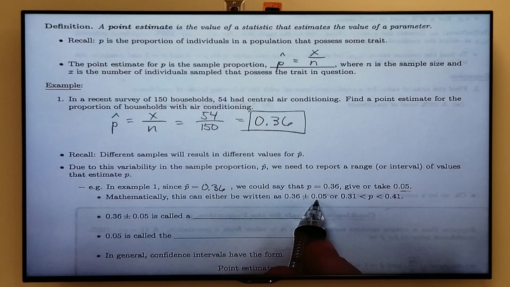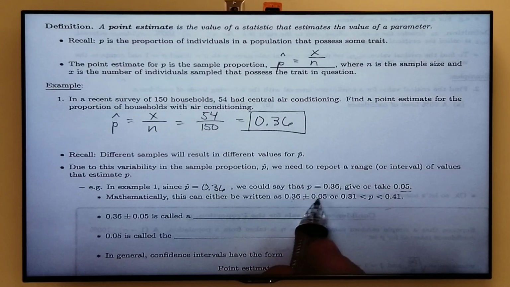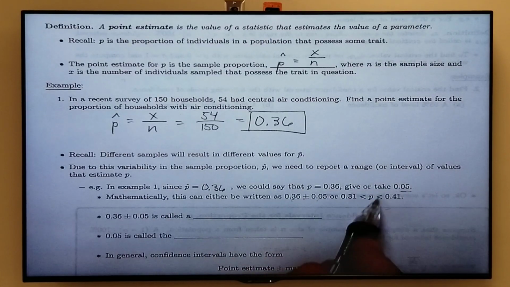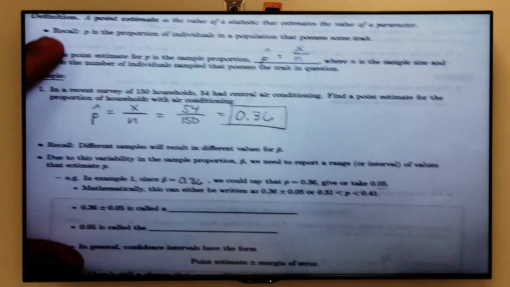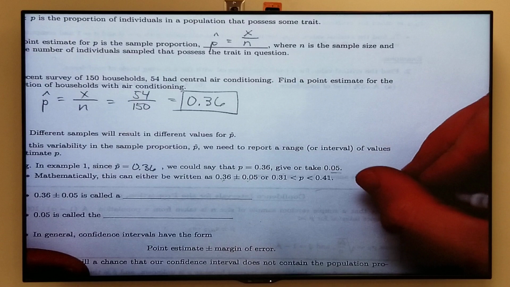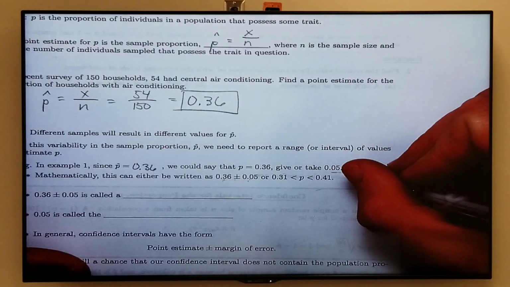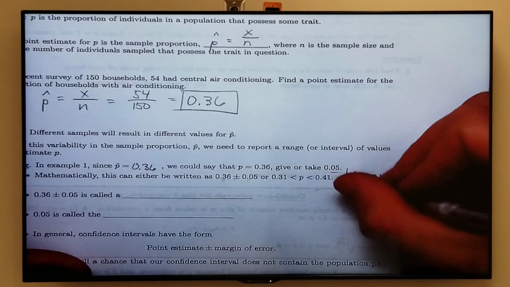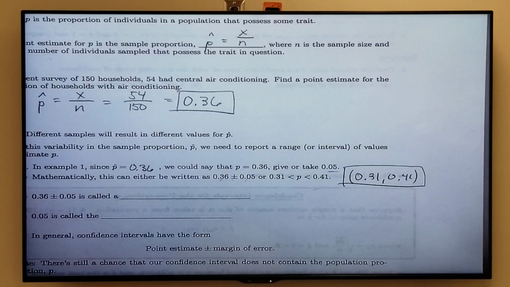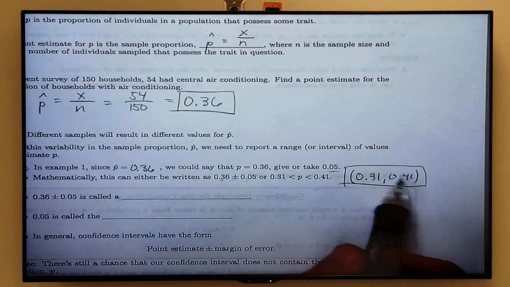Or we could actually do the addition and subtraction. 0.36 minus 0.05 is 0.31. 0.36 plus 0.05 is 0.41. Another way that we could write it, and this is the way that I'm going to ask you to write it, is as an interval: 0.31, 0.41. That's the interval notation for the answer. You always put the small answer on the left and the big answer on the right.